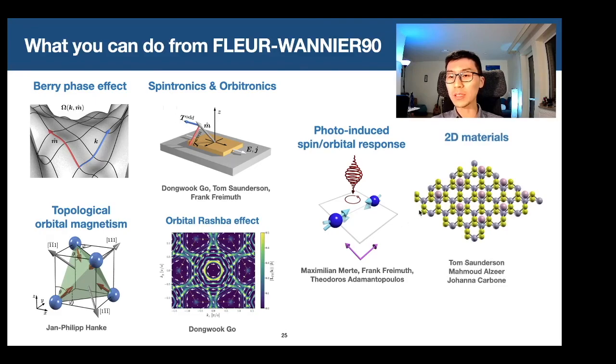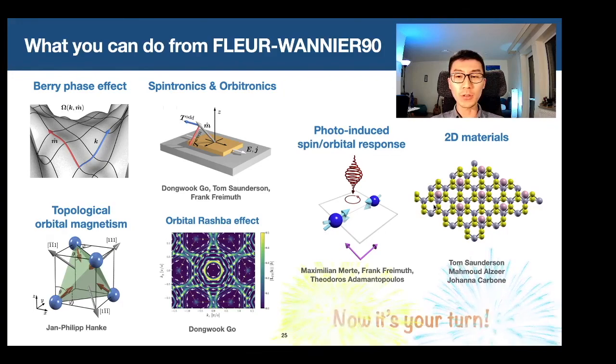Recently, we also started to look at 2D materials like transition metal dichalcogenides or iron germanium telluride or other emerging 2D materials. So I think the only thing left now is for you to try yourself, obtain nice Wannier functions, use these functions for your research and make nice results.